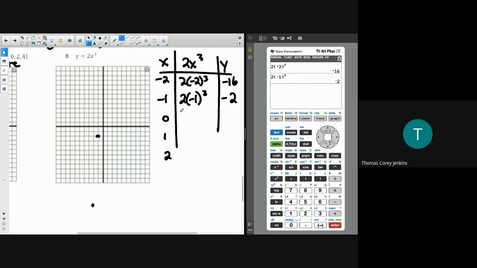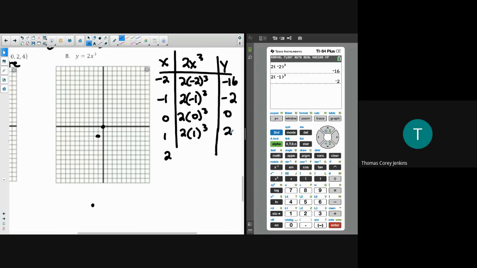Just to wrap this up so you have time to work and hopefully get this done, I'll do the math without the calculator on these next couple. So 2 times 0 cubed, that's just 2 times 0 is 0. So 0 goes to 0. Next one, 2 times 1 cubed, that's just 2 times 1.